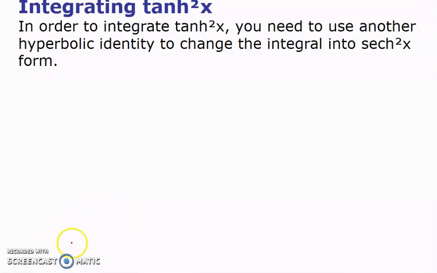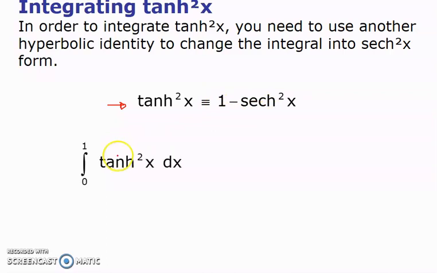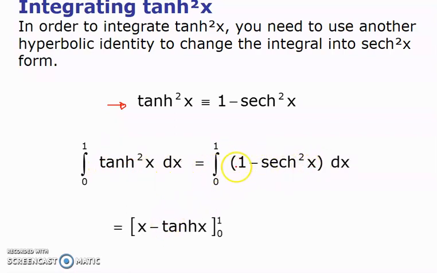And integrating tan squared, well, we've already seen a bit of a trick in the past with this. But I'm just going to highlight in your mind again that tan squared is sec squared minus 1. And the reason why I say that is because if I go to integrate tan squared, I write it like this. And you might recall that if you integrate sec squared, you get tan.